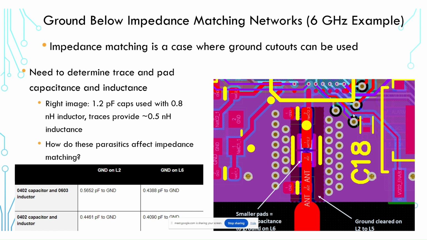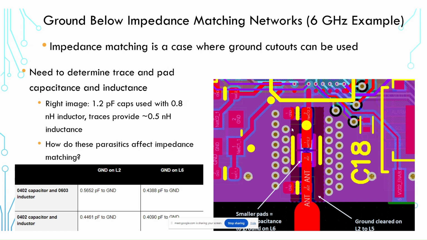Now, why have we done that? The reason is that this ground is creating additional parasitic capacitance around the pads and the trace in this interface, and that creates some deviation in the performance of this impedance matching circuit.